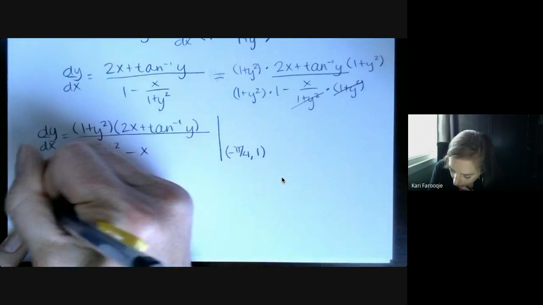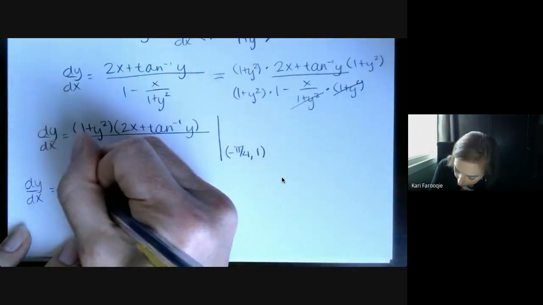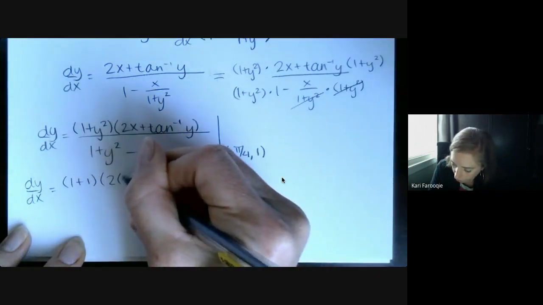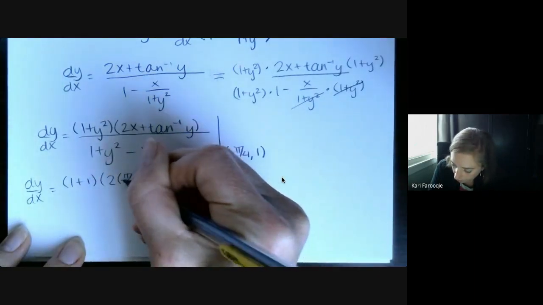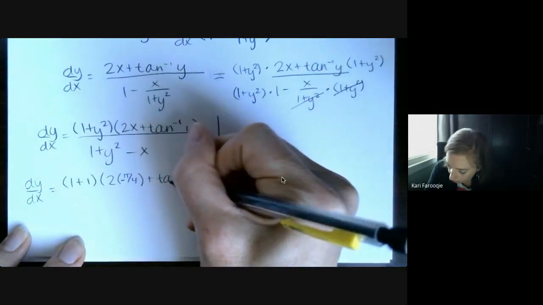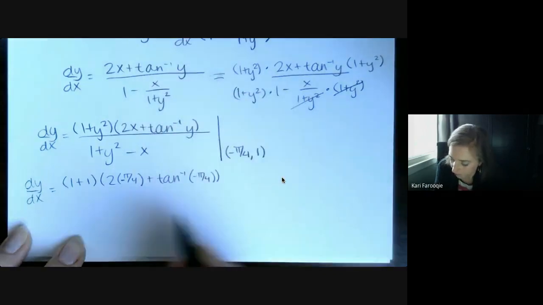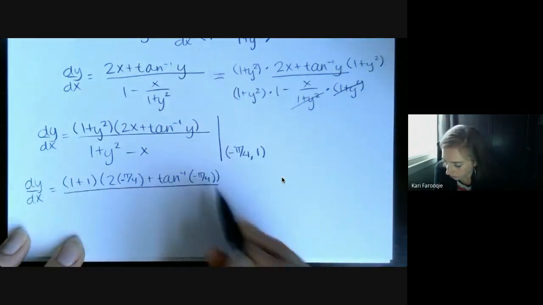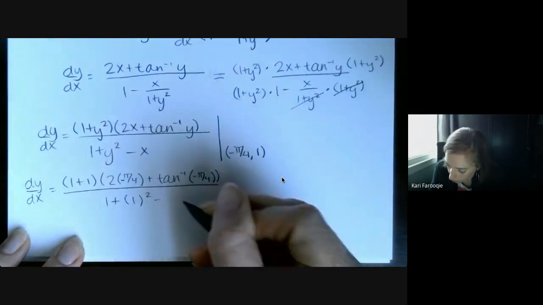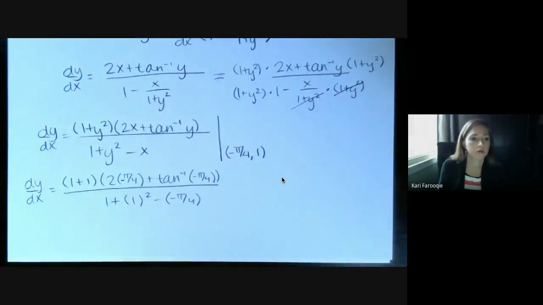So dy dx is 1 plus y squared. 1 squared is 1. Twice negative pi over 4 plus the inverse tangent of negative pi over 4, divided by 1 plus 1 squared minus negative pi over 4.